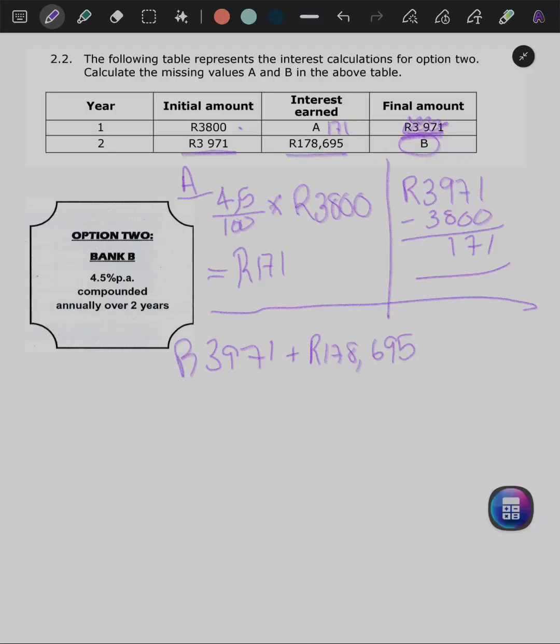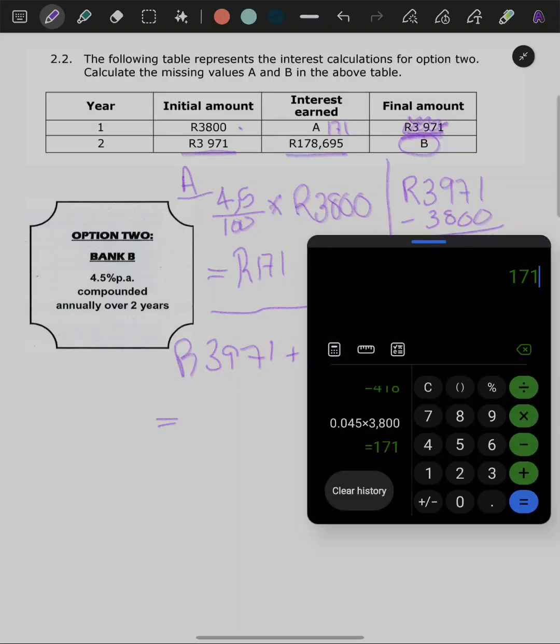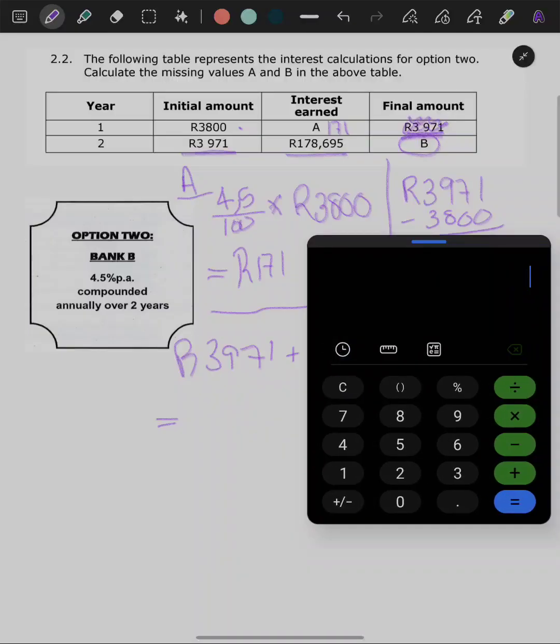They give it unrounded, so we're going to work with it unrounded. And then you just add them together. So 3,971 plus 178.695 gives us 4,149.695.